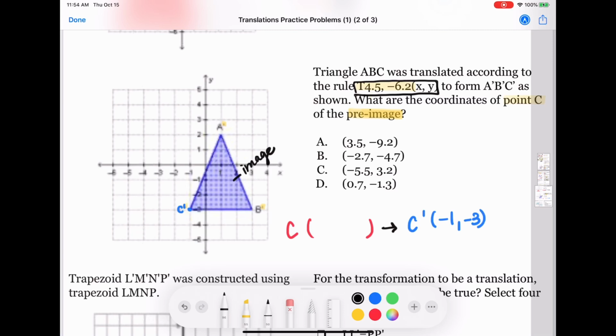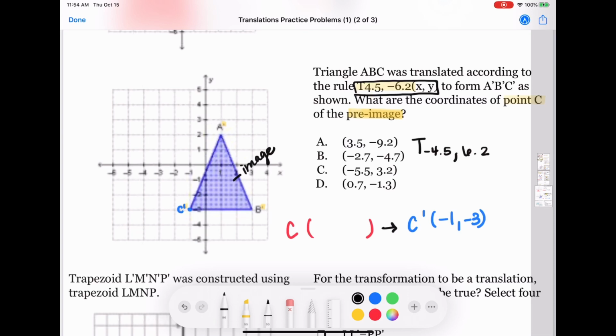So instead of the translation of negative 4.5, we would use positive 4.5, and instead of negative 6.2, we would have a positive 6.2. That allows us to work backwards and retranslate this image back to our pre-image.